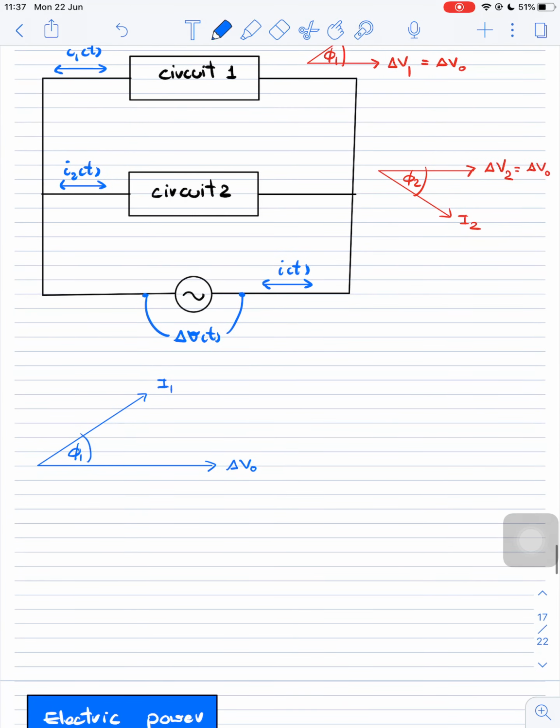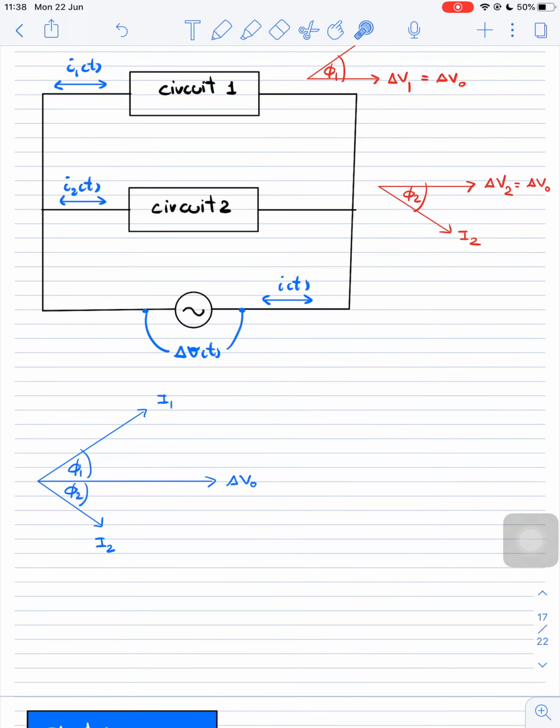I2 is going to go like this, let's assume that it just goes like this, and it makes the angle phi2 with delta V naught here.